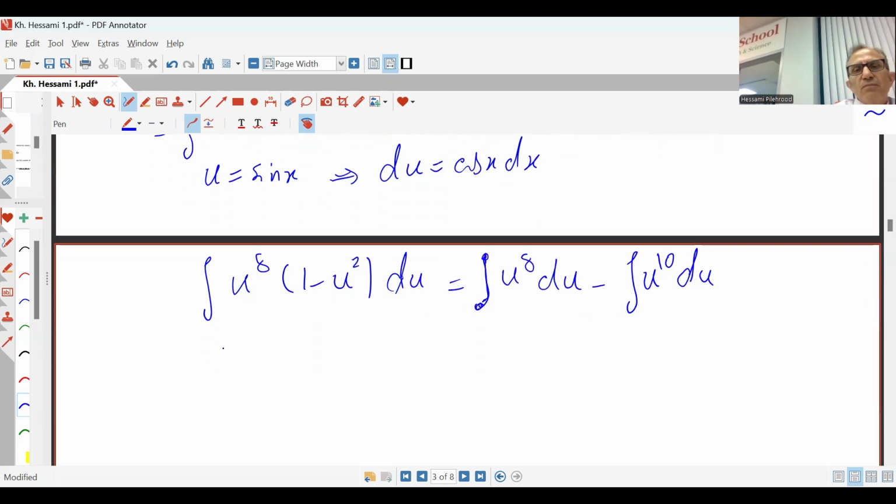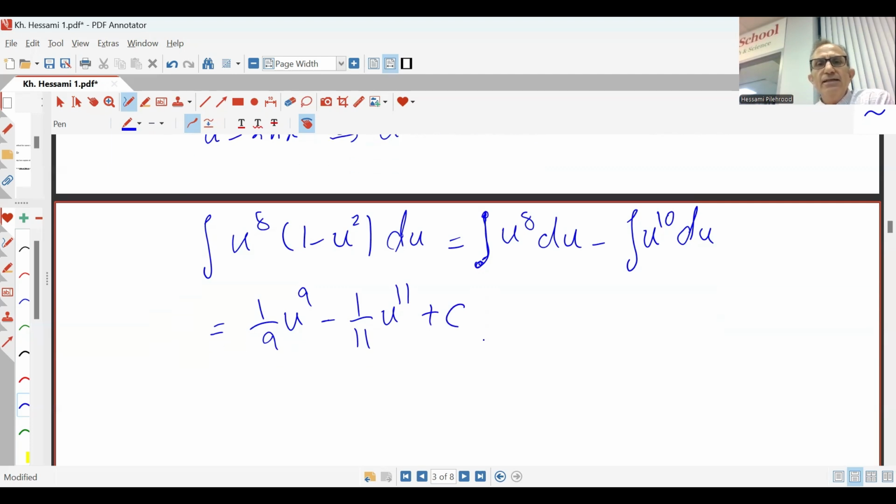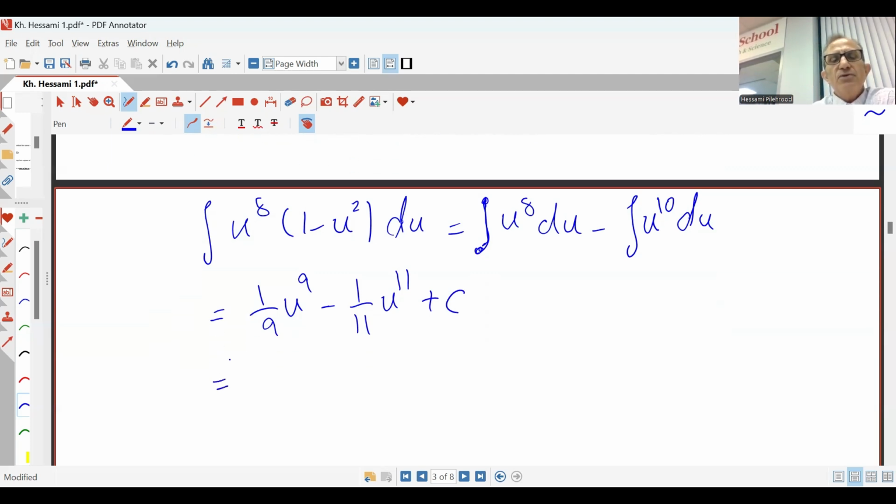By using the power rule, we will have 1 over 9 u to the power of 9 minus 1 over 11 u to the power of 11 plus c. As you see, we found it very easily. Now we replace u with sine x: 1 over 9 sine to the power of 9x minus 1 over 11 sine to the power of 11x plus c, constant.